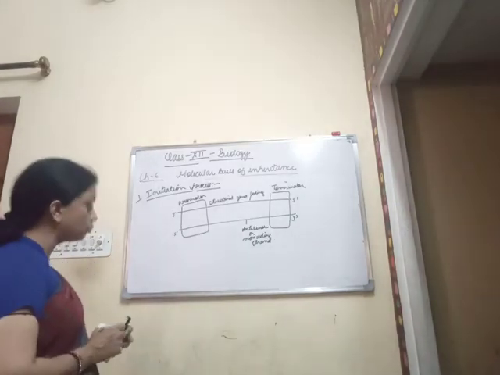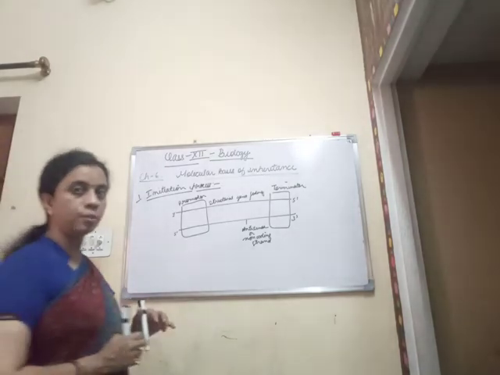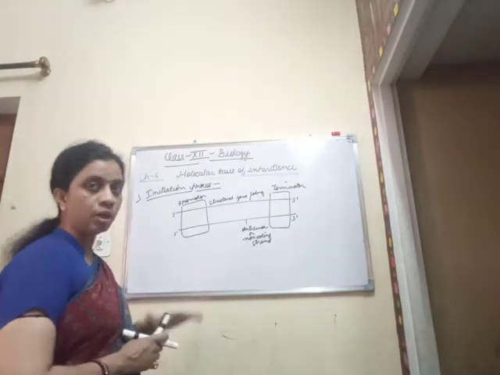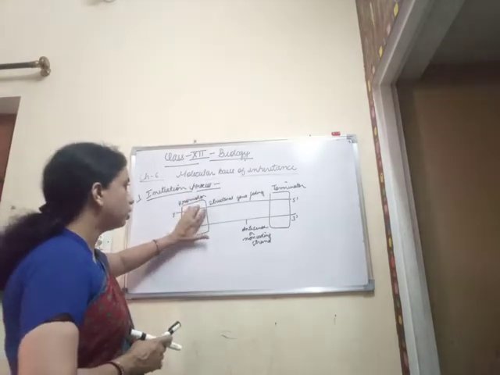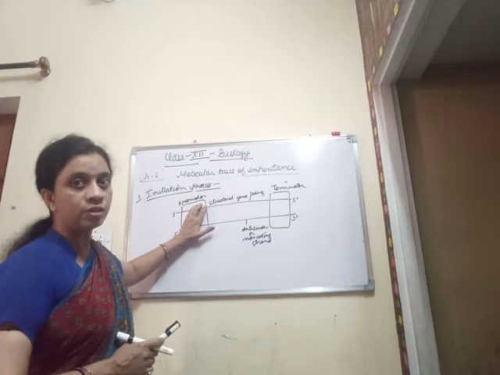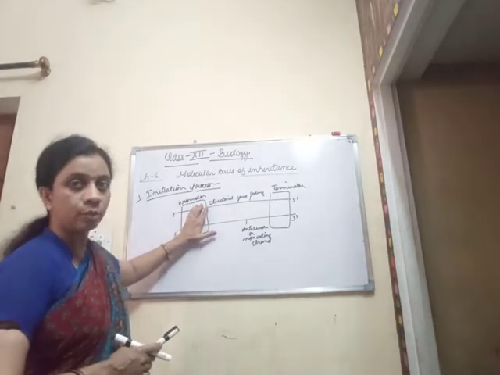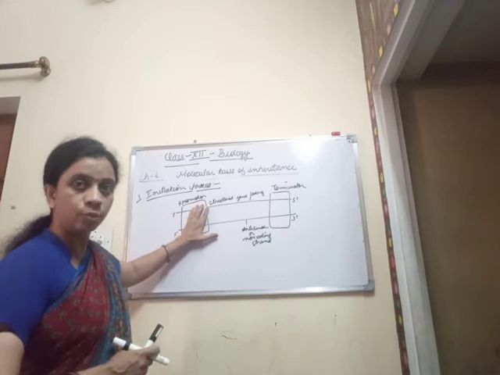Now, as soon as the initiation process starts, the enzyme DNA dependent RNA polymerase comes and gets attached to the promoter site along with some of the initiation factors. Now how does it come and attach itself to the promoter site?